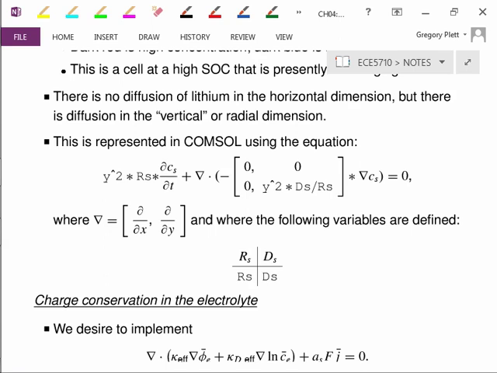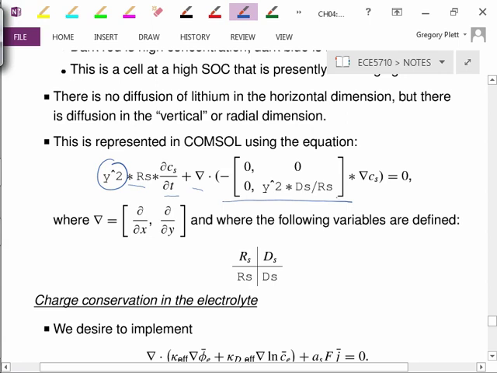And in COMSOL, looking at the equation, this is really r bar squared, but we enter it as y because COMSOL knows about y, it doesn't know about r. Times rs times the partial with respect to time, and then plus the divergence of, let's think about this in a second, something times the gradient of concentration equals 0. Well, when I'm looking at gradient of this two-dimensional region over here, that's partial with respect to x and partial with respect to y, or the radial dimension, as a vector quantity.